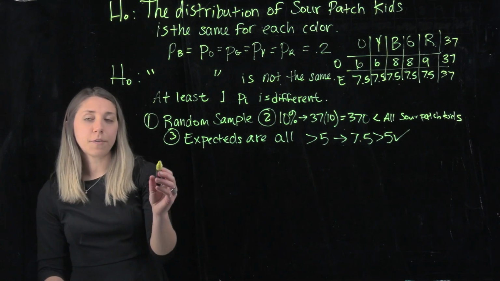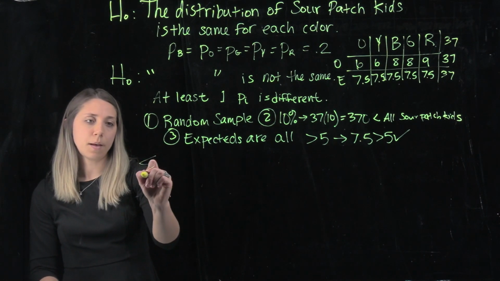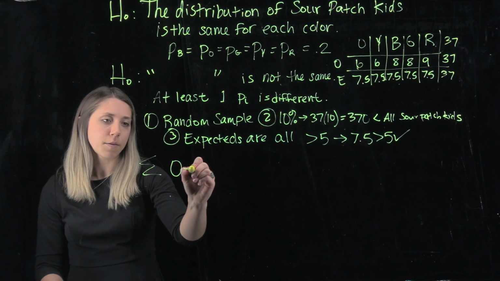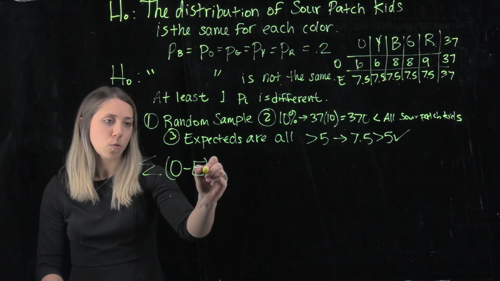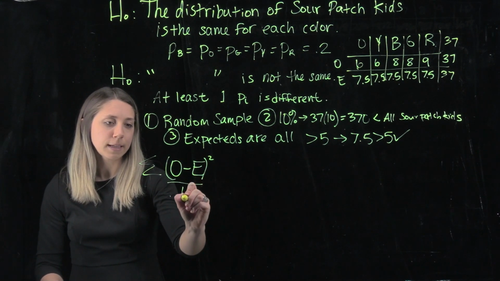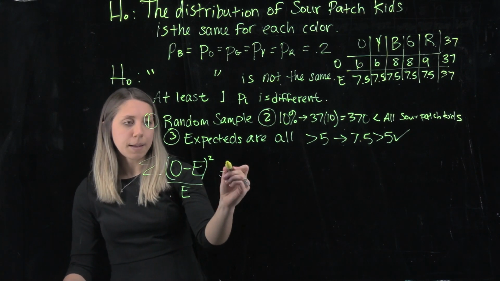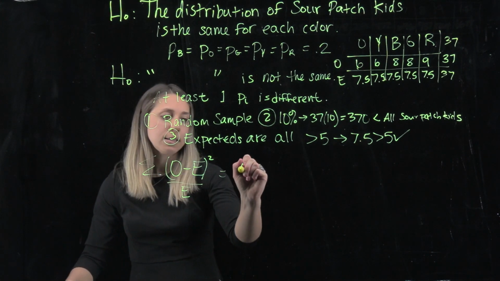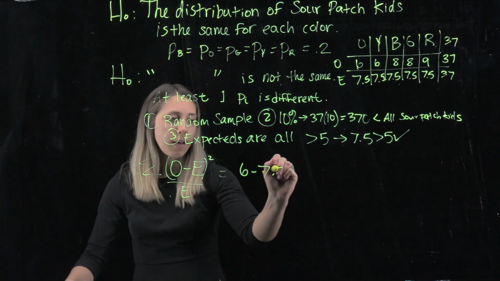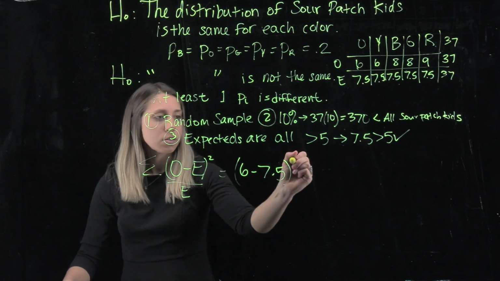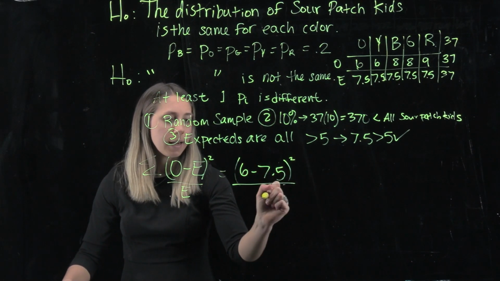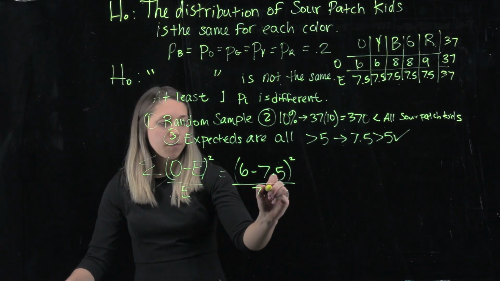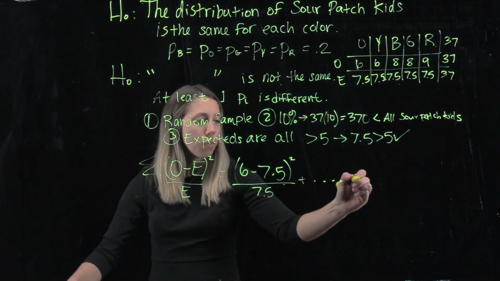Now remember, for chi-squared, you have to sum all of your observed minus expected squared divided by expected. So for example, you would take 6 minus 7.5 squared divided by 7.5, and then you would do that for each one.